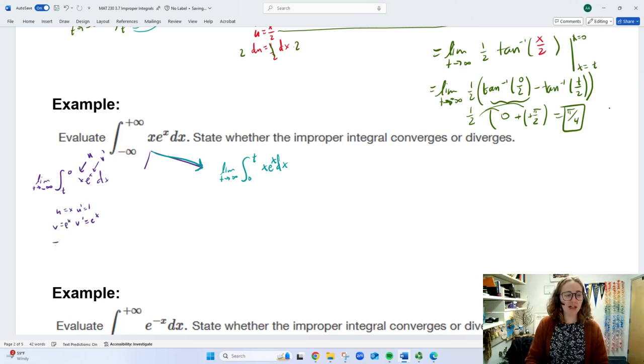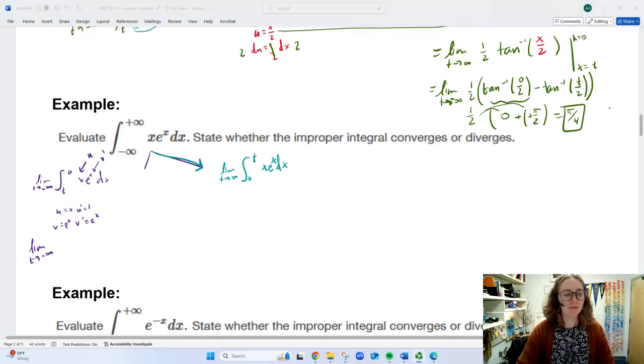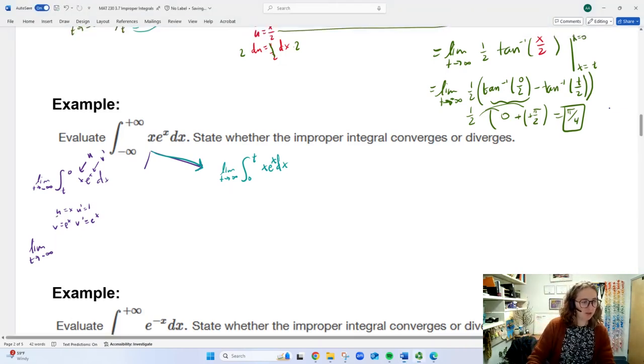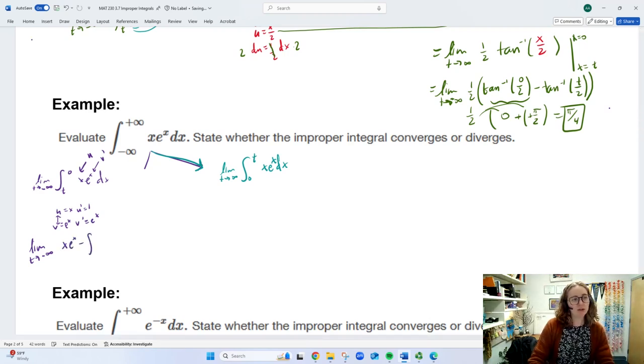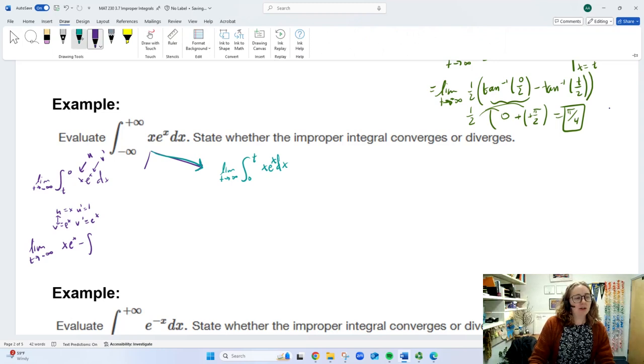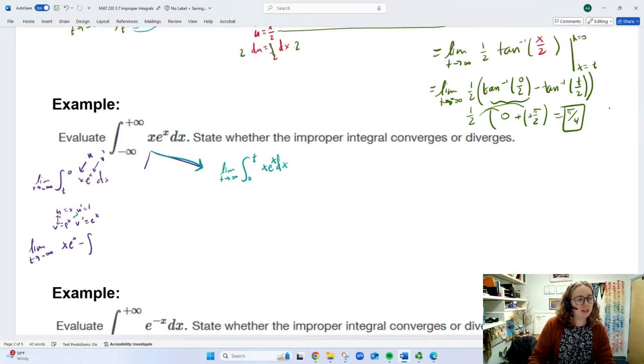Now I can take my limit as it's approaching negative infinity of, let's see, it's u times v for integration by parts, so x times e to the x minus my integral of v times u prime, which is just going to be e to the x dx.